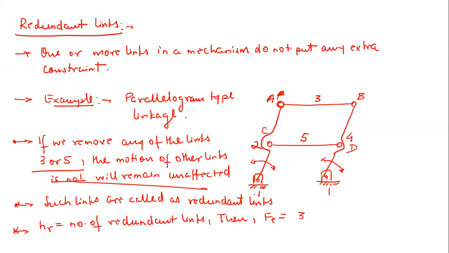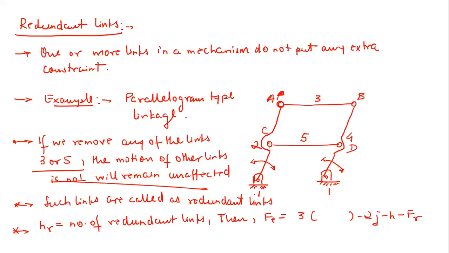So in that case, Fe equals 3 times something, minus 2j minus h minus fr. Just tell me how this equation is going to be modified now. I said if NR is the number of redundant links, and if you remove either link 3 or link 5, the motion of other links is going to be unchanged, right? So how will the Kutzbach equation be modified?